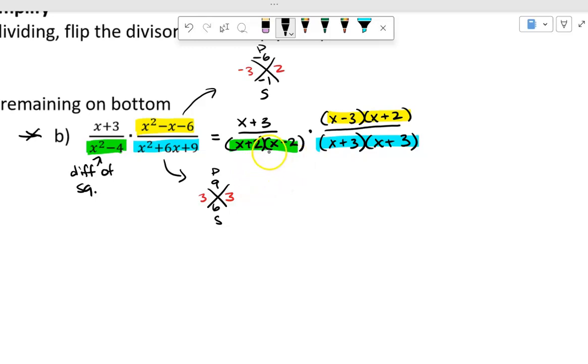I know that anywhere in my denominator, I don't want x to be a number that will make it equal to 0. And that means that I'm going to set each factor not equal to 0.